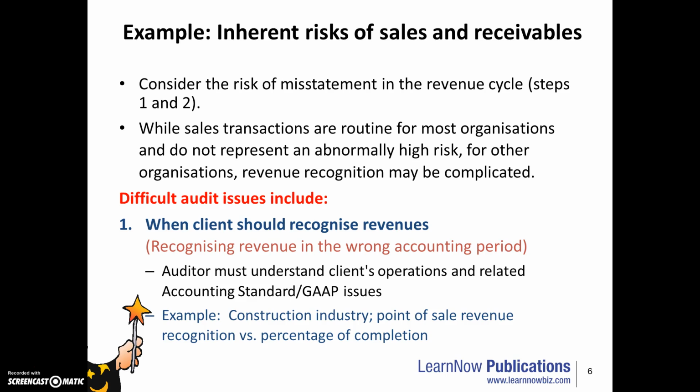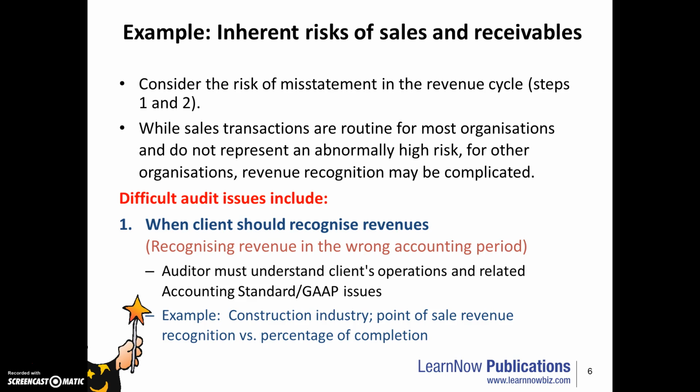Now, if we consider the risk of misstatement in the revenue cycle, while sales transactions are routine for most organisations and do not represent an abnormally high risk, for other organisations, revenue recognition may be complicated. Difficult audit issues arise, such as recognising revenue in the wrong accounting period.